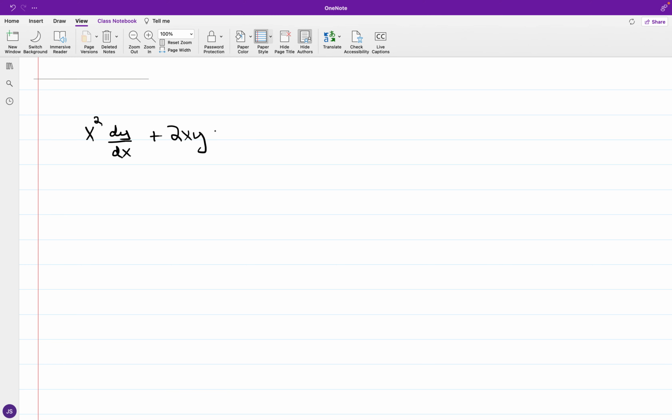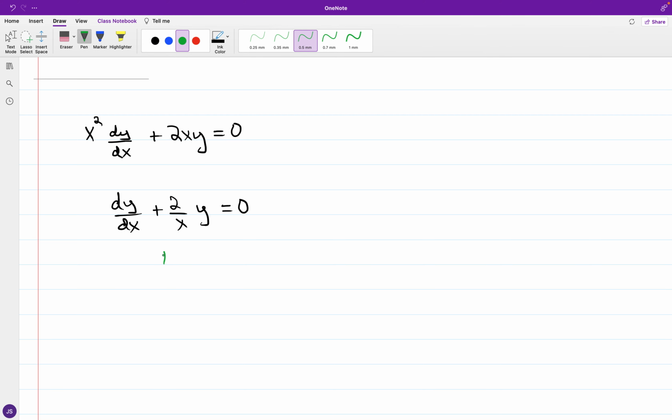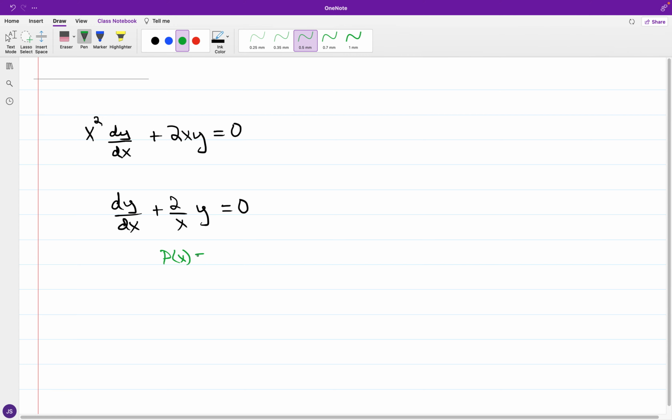When we looked at first order linear differential equations, if you were to take this and put the leading term along the lines of dy over dx, so if I were to divide the equation by x squared, and going back to what we have with the integrating factor, you have your p of x is equal to 2 over x, and for the integrating factor you have e to the integral p of x dx, which is equal to e to the integral of 2 over x dx.